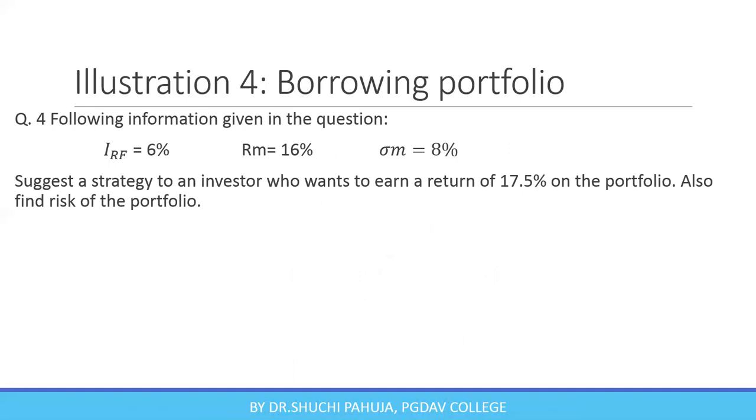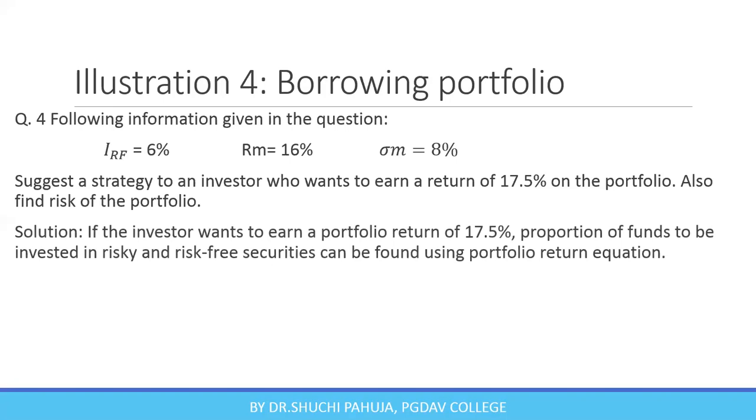Strategy to the investor means how much of his funds should be invested in risky and how much in risk-free securities so that he can earn 17.5% return on the portfolio, and then you have to find the risk of the portfolio also.